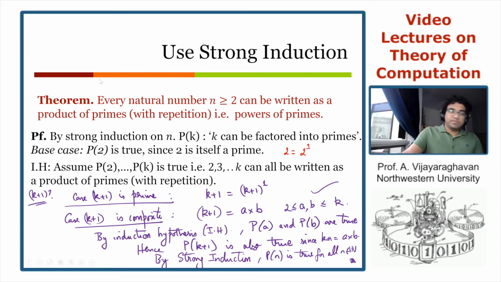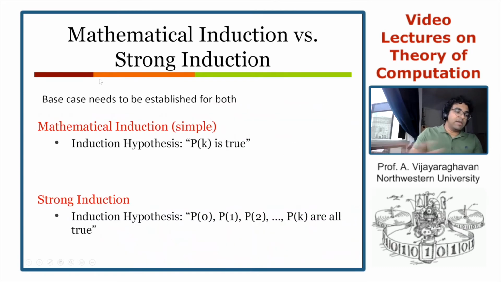Okay, so earlier we looked at simple induction, and we have now looked at strong induction. In both cases, we first need to establish the base case. But the main difference is in the second step. In simple induction, the induction hypothesis just assumes that the predicate is true for k, and then we want to derive that it's true for k plus 1.